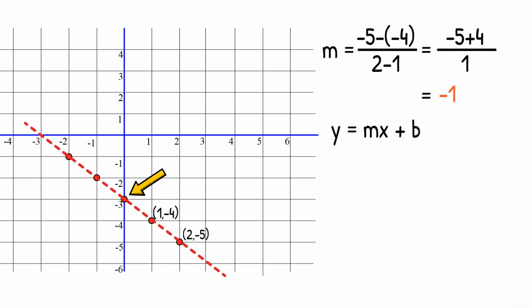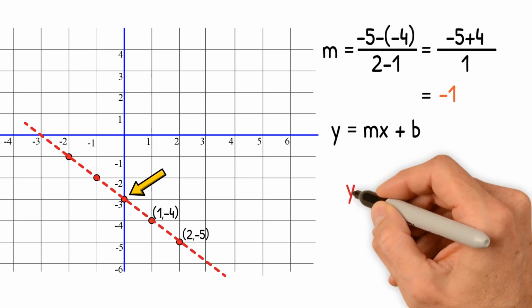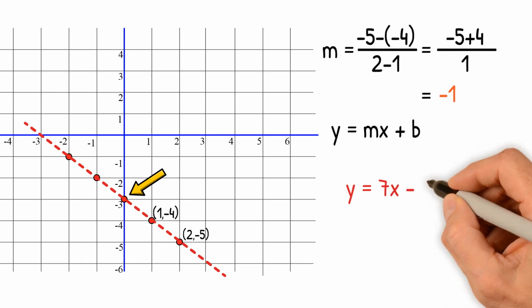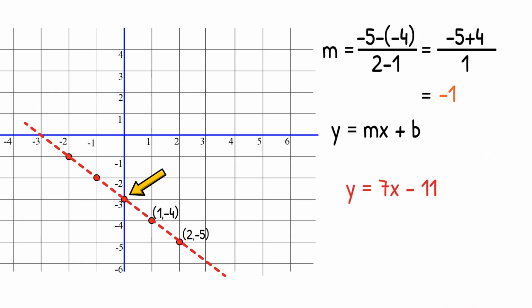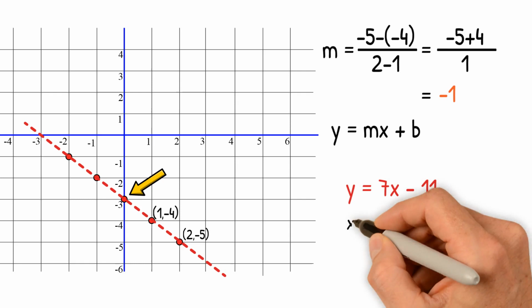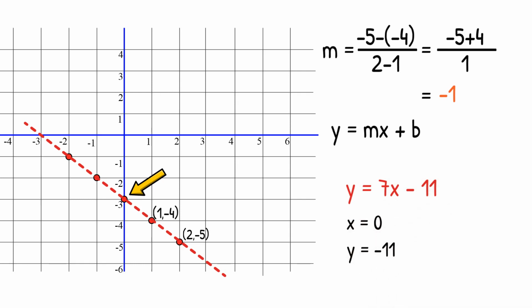Whenever we are asked to graph a line y equals mx plus b, we don't need to plot this many points. We only plotted 5 points in these examples for illustrative purposes. Now that we know that linear polynomials graph as lines, we can take advantage of this. All we need to do is plot 2 points, since 2 distinct points determine a straight line. For example, if we had to graph y equals 7x minus 11, we can just let x equal 0, and then y has to be negative 11.